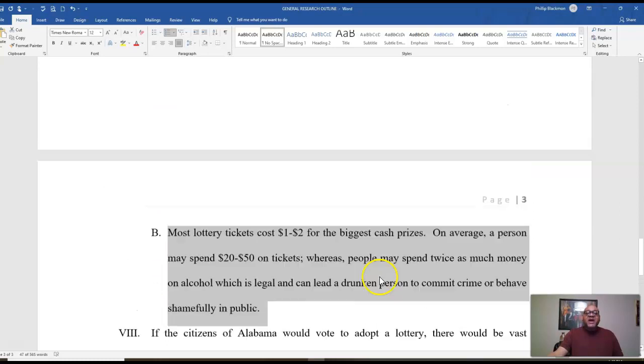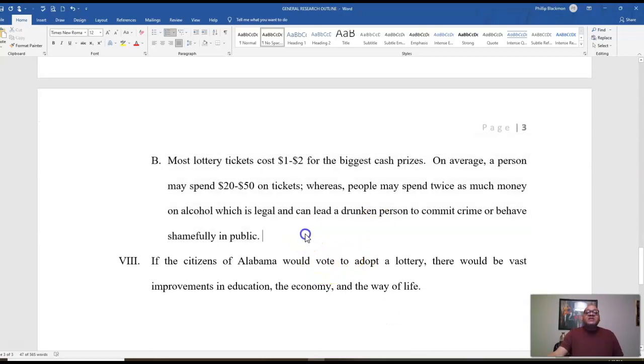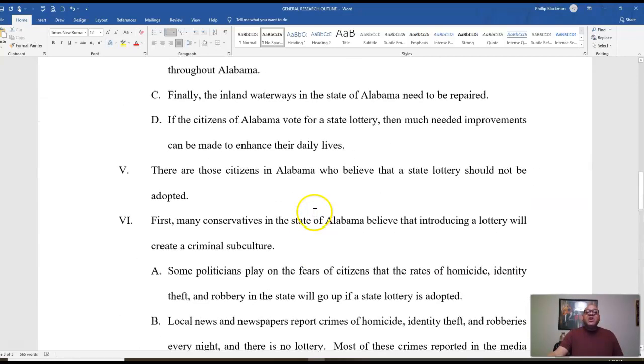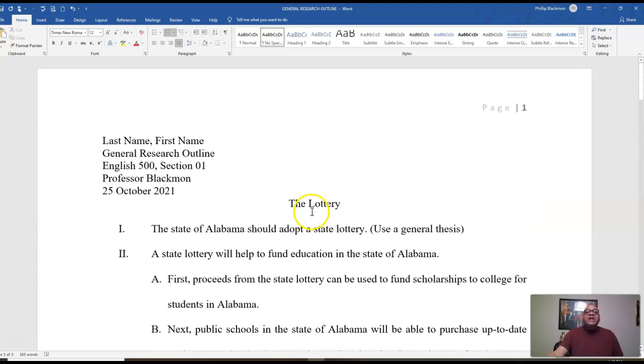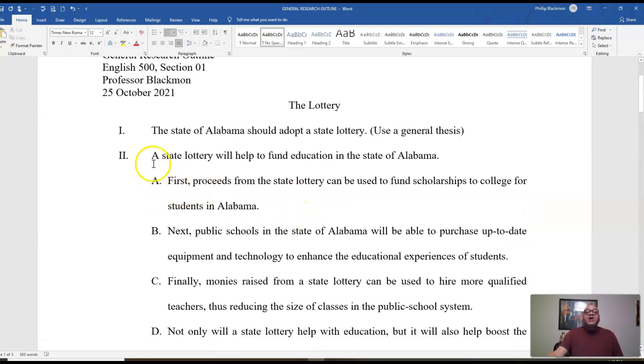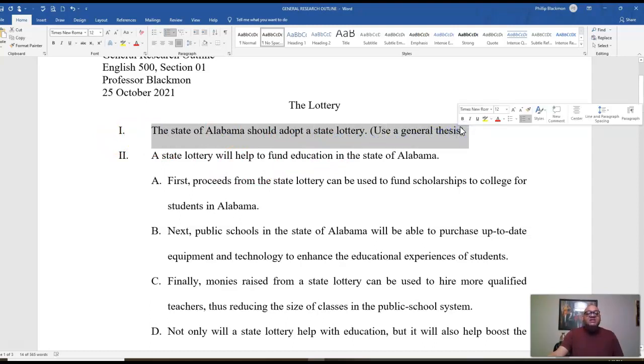Number 8 is by itself. When you finish this outline, look at your outline and look at mine. If you have something more on your outline than what I have on my outline, you know it's wrong, and you're going to lose points because of it. If I don't have an A, B, or C for Roman numeral number 1, which I don't, guess what?